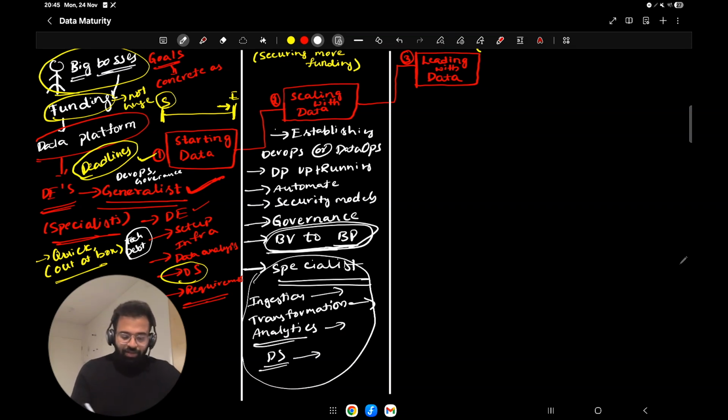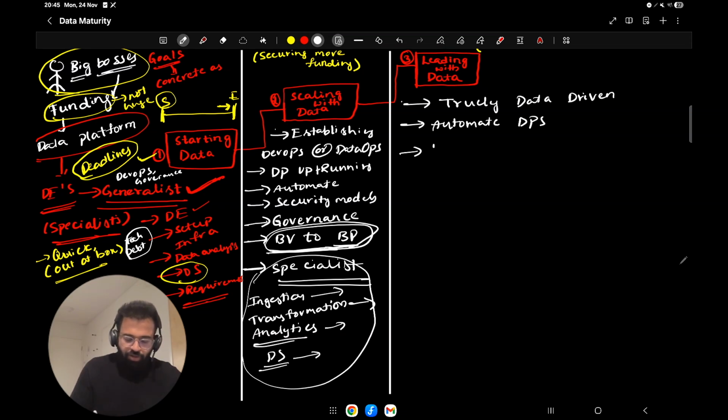Okay. And then if we talk about the final phase, this is leading with data. This is what every company has to aim for. This is being truly data driven. You now have completely automated data pipelines here.